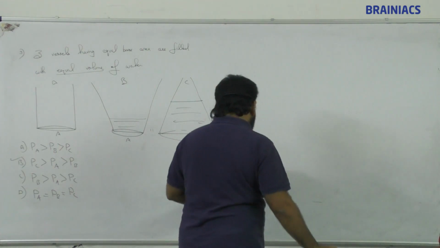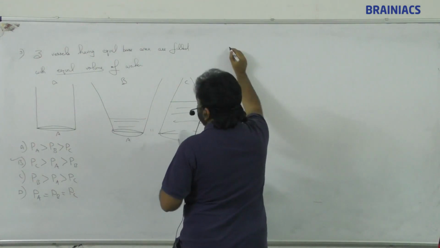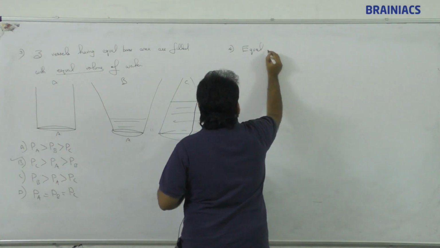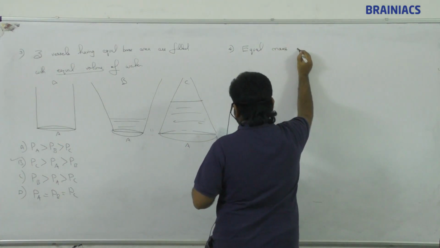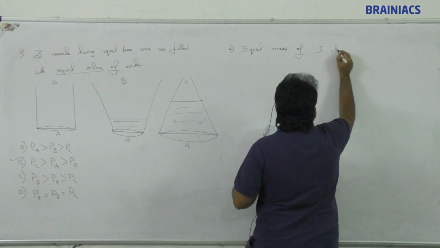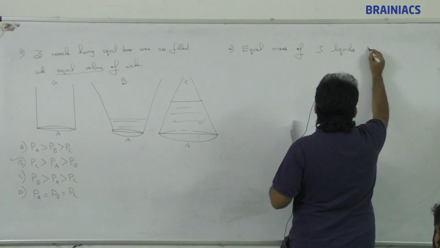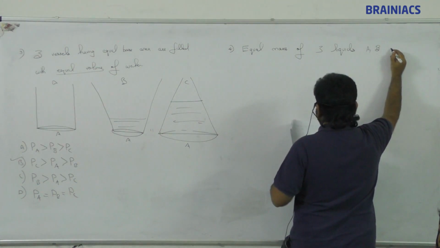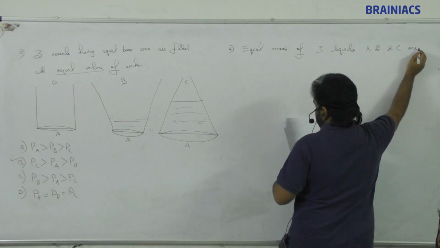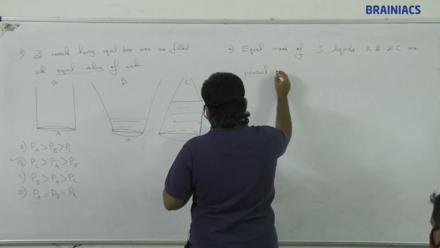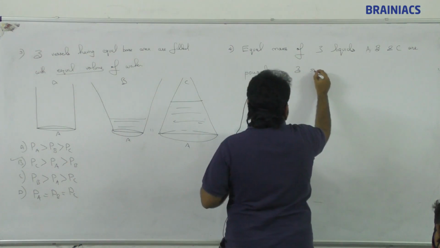Fine. Next one: equal mass of three liquids A, B and C are kept in three similar vessels.